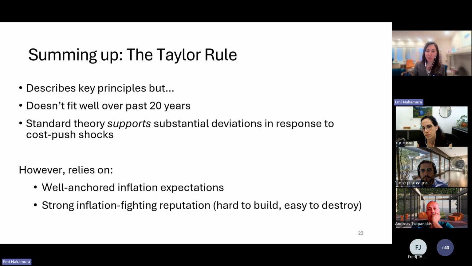But what is really critical for this is market confidence that the central bank will act aggressively in response to deanchoring, because that's assumed in the model. And of course, in the real world, this credibility depends on institutions like central bank independence and a long track record of something like inflation targeting. And plausibly, those are things that take decades to build up and perhaps not very much time to destroy.